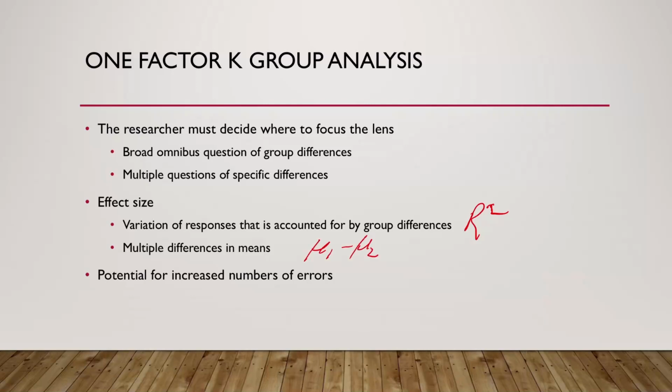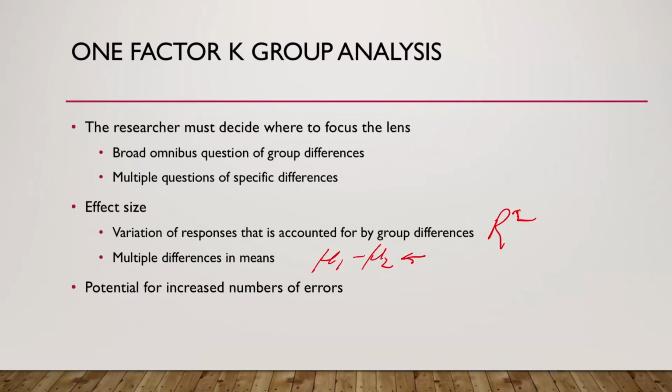That would be the parameter of interest. Of course, we would estimate that parameter by looking at the sample mean of group 1 minus the sample mean of group 2. And you would have those for all possible pairings of groups. So you have an effect size that is given in the actual units of study rather than looking at the amount of variation that's accounted for in your model when you look at all the groups at once.